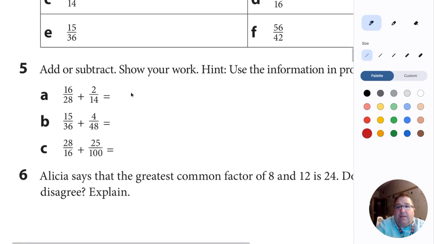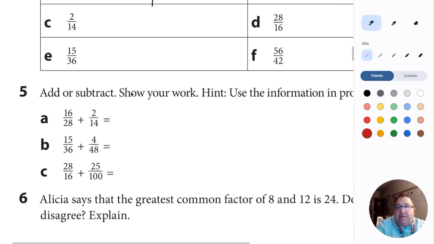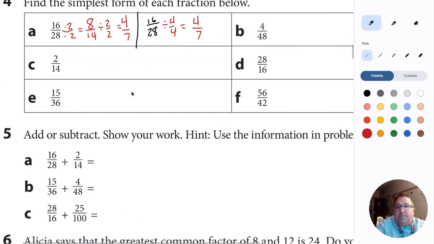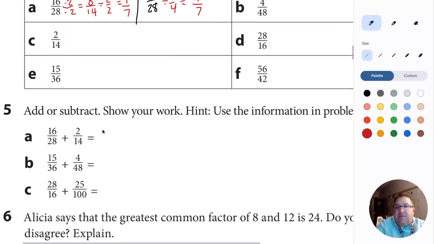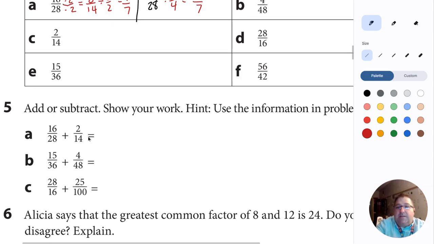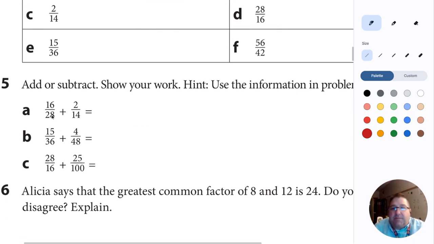And then number 5, we have to add or subtract, but it does say use the information from problem 4 to help you. Well, look at this. How can we get a common factor or common denominator this time to add these? Well, let's see. We've got 28 and 14.